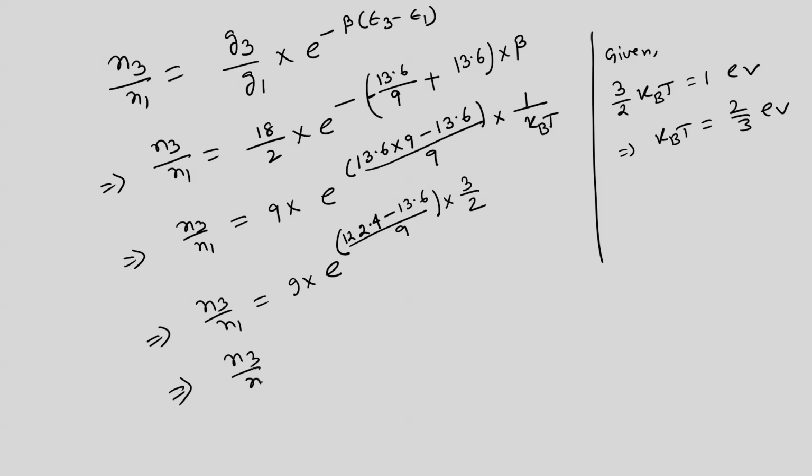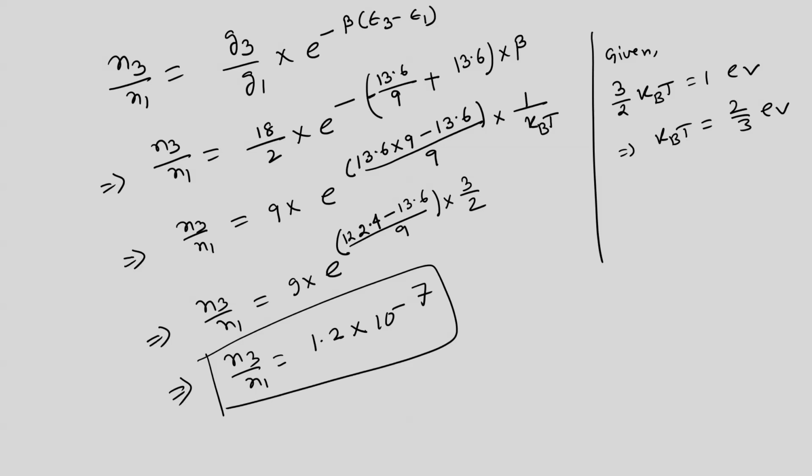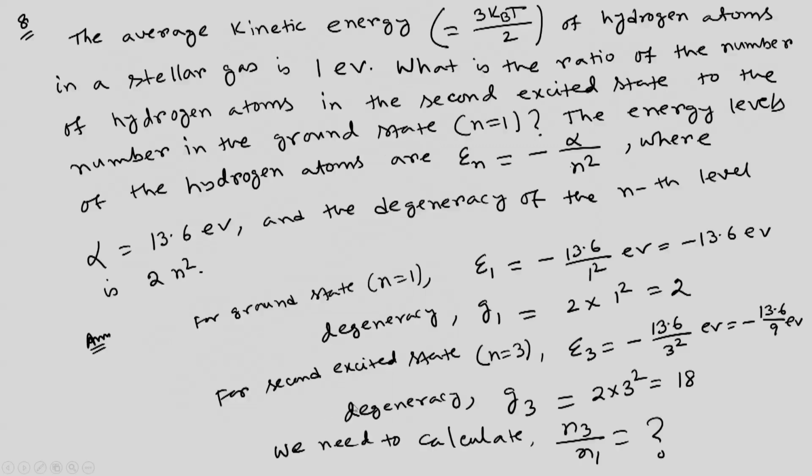If we carry this out, we get the value of N_3 by N_1 as 1.2 times 10 to the minus 7. Okay, so this is again a very simple problem, but you need to carry out a little bit of calculation.